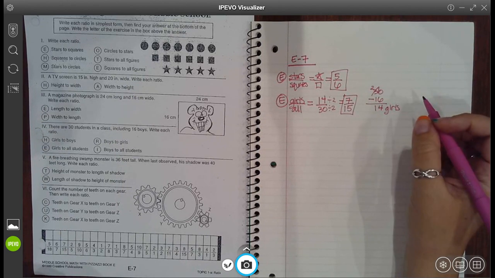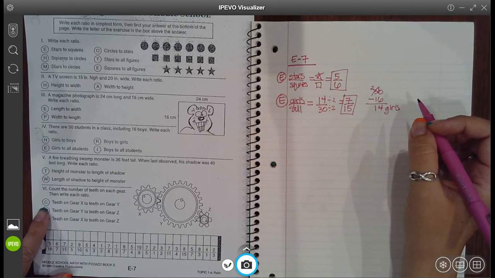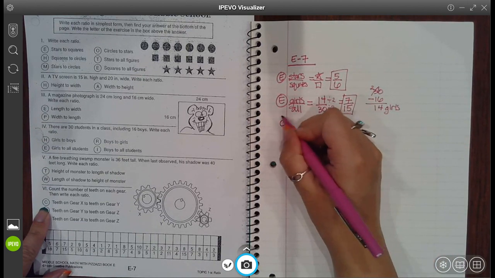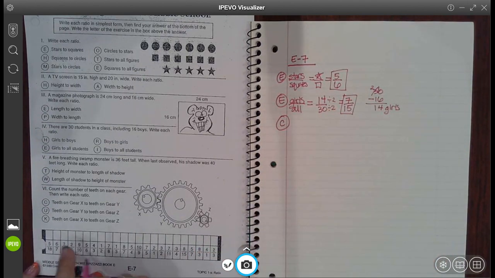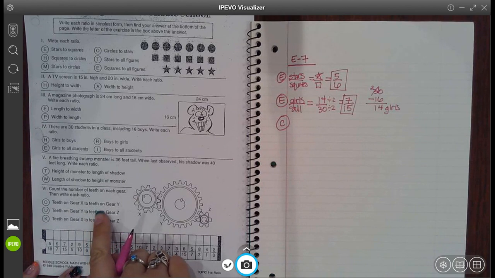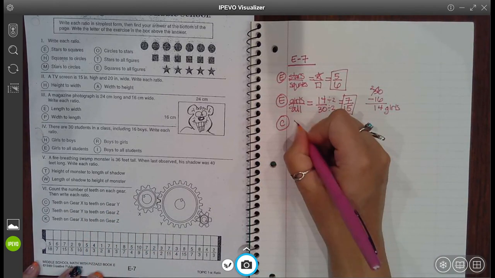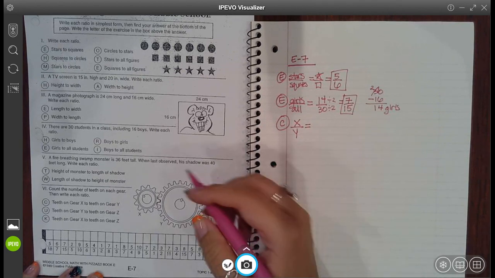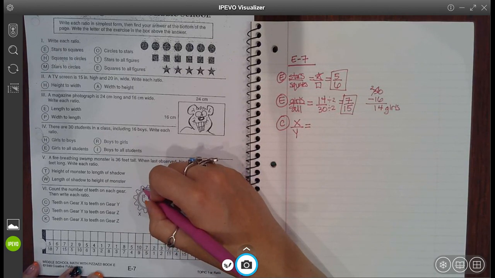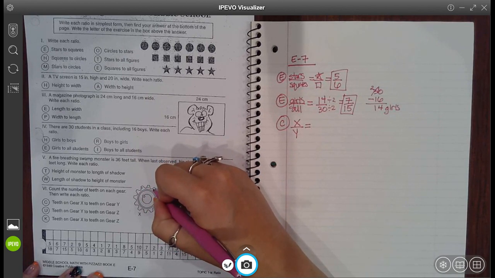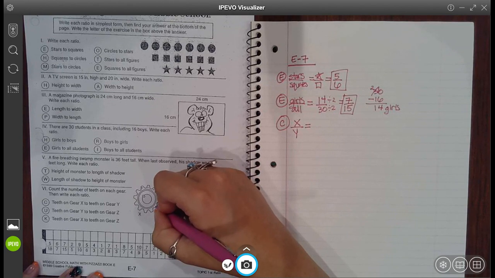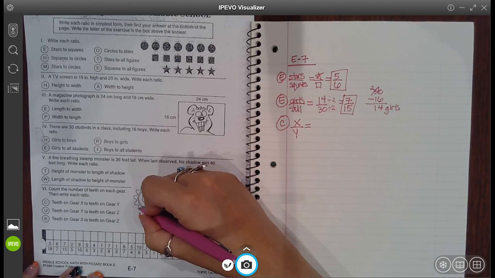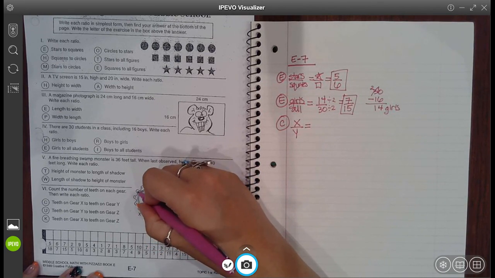Okay, then the last thing I'm going to show you is from that bottom section. Let's do C together. It's a little bit weird. It says the teeth on gear X to the teeth on gear Y. So I'm going to do X to Y, but the teeth on it means count these little teeth right here. So if you have a pencil, I'd actually draw a dot in each one. So 1, 2, 3, 4, 5, 6, 7, 8, 9, 10, 11, 12.